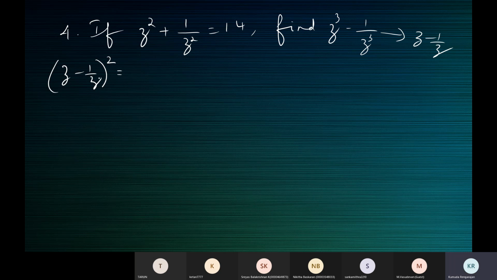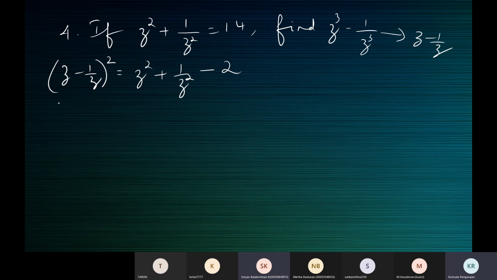Now, why are we writing z minus 1 by z the whole square? You will understand now. How do you expand this? It's z square plus 1 by z square minus 2 into z into 1 by z, so it will be 2, right?